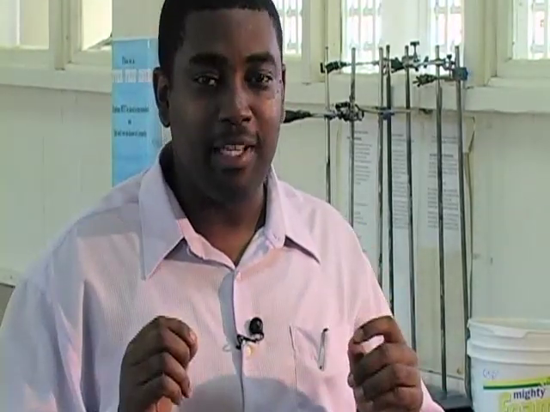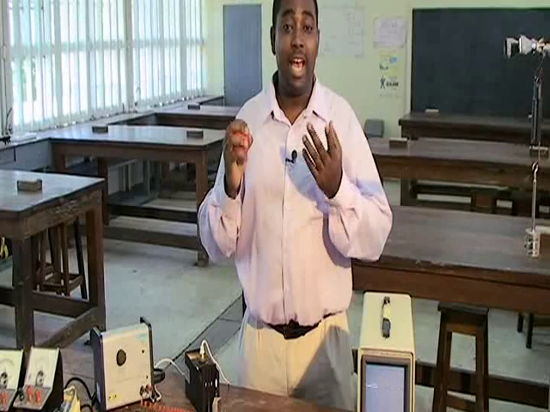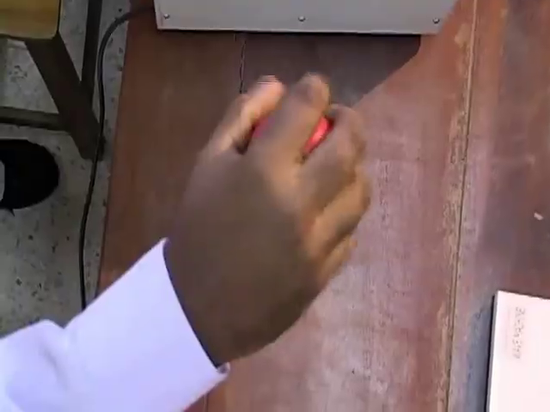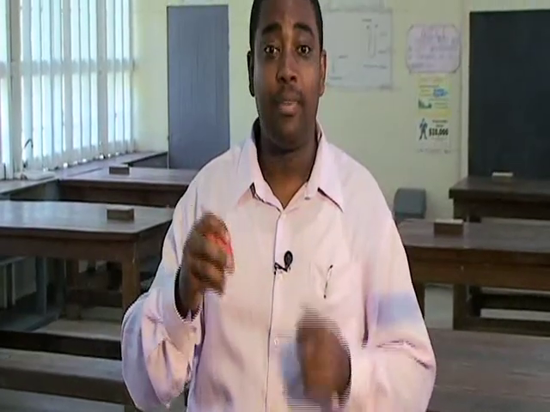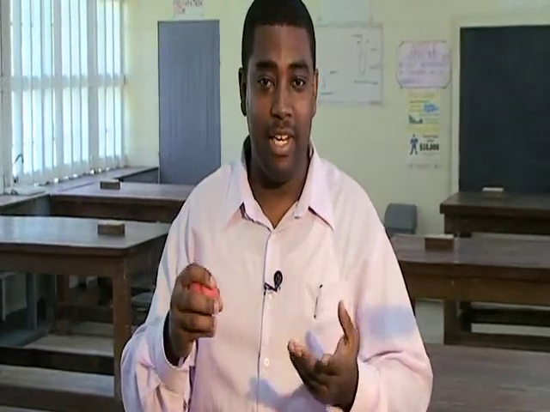Now, kinetic energy may seem like a very big term, but it has a very simple explanation. Kinetic energy is the energy a body possesses as a result of being in motion or moving. For example, this ball. If I drop the ball, it moves, and as it moves, it gains kinetic energy.